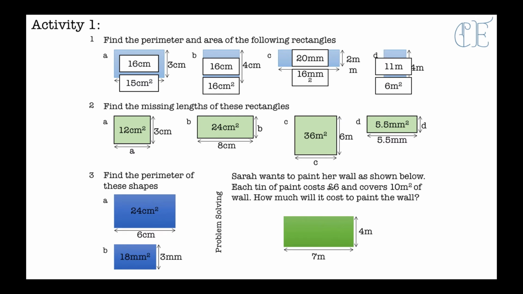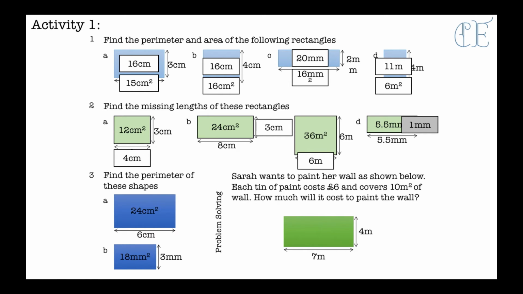All you're doing here is dividing this number by the outside number to find out this measurement. So 12 divided by 3 is 4, 24 divided by 8 is 3, 36 divided by 6 is 6, and 5.5 divided by 5.5 is 1. And all of your answers will be in the same measurements as given here.